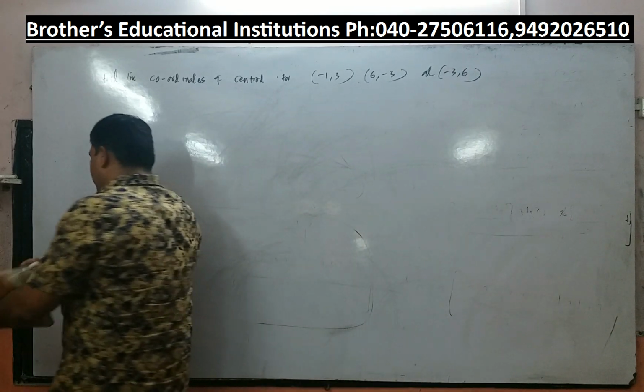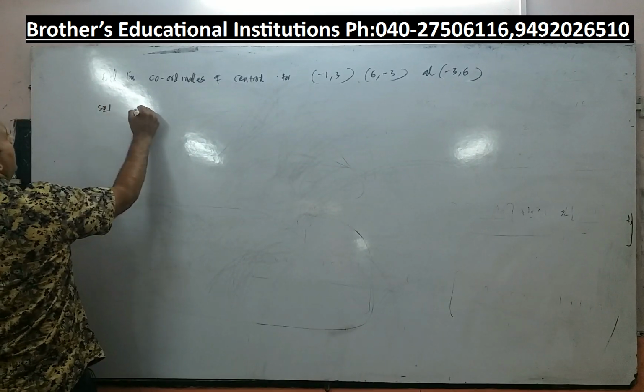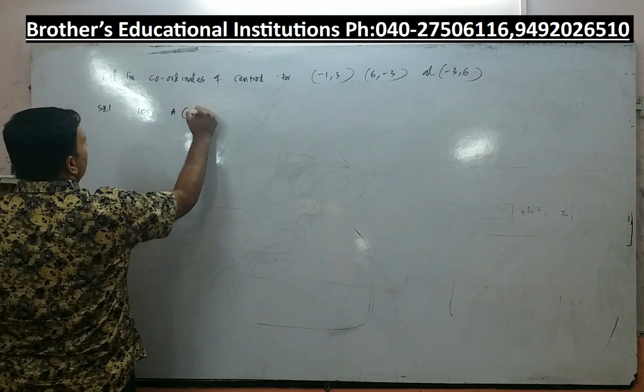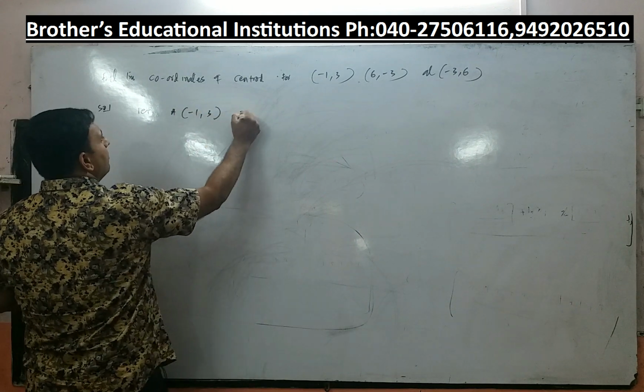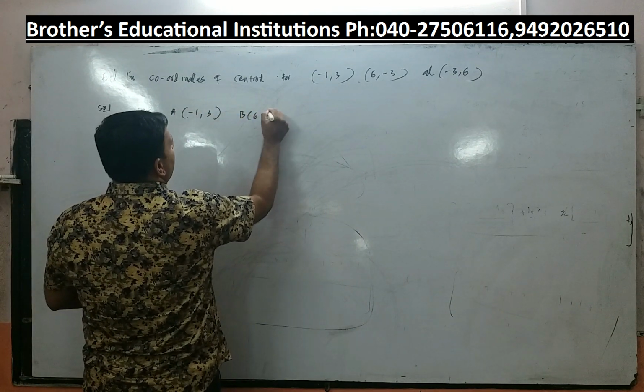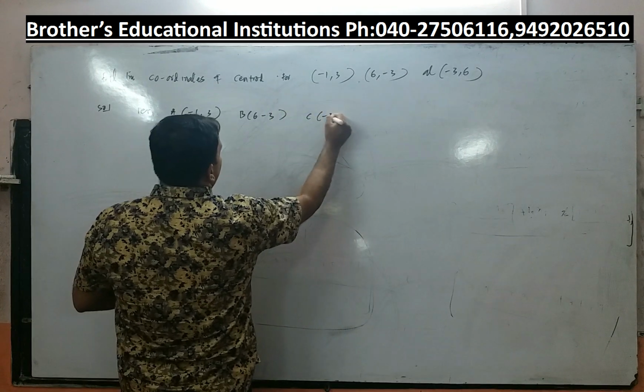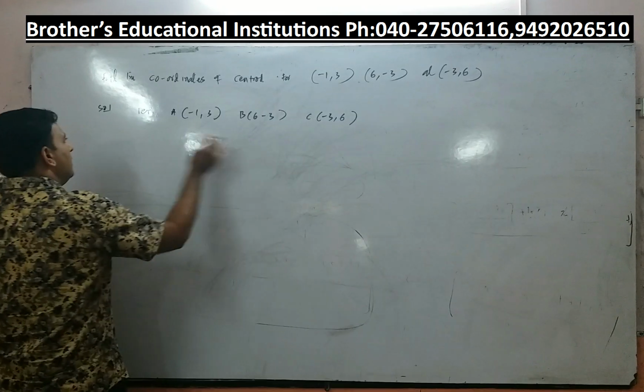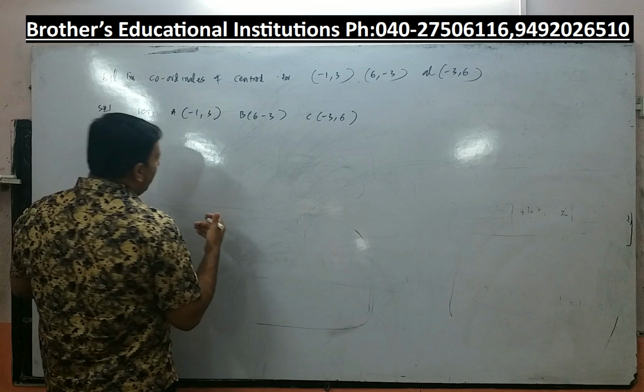Alright. So what do I do now? I will say let A is equal to (-1, 3), B is equal to (6, -3), C is equal to (-3, 6). These 3 are the vertices of a triangle.